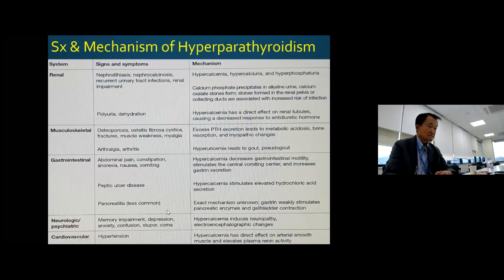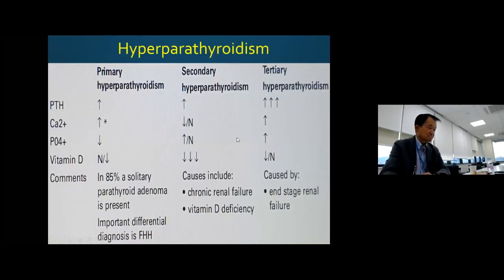So this hypercalcemia or hyperparathyroidism is increasing worldwide with the aging population and also more cancer or some renal failure eventually. So again, clinically, we check calcium and parathyroid hormone, phosphate, vitamin D to make a differential diagnosis.